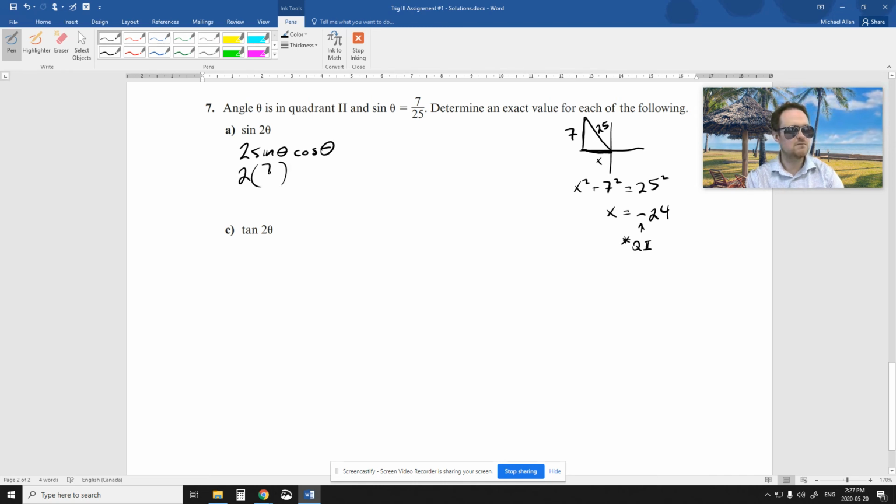Sine theta is 7 over 25, and cos theta is negative 24 over 25. And then we just punch it in my calculator. 2 times 7 over 25 times negative 24 over 25.